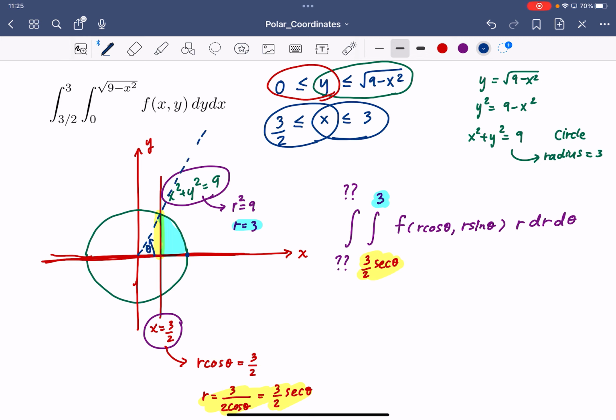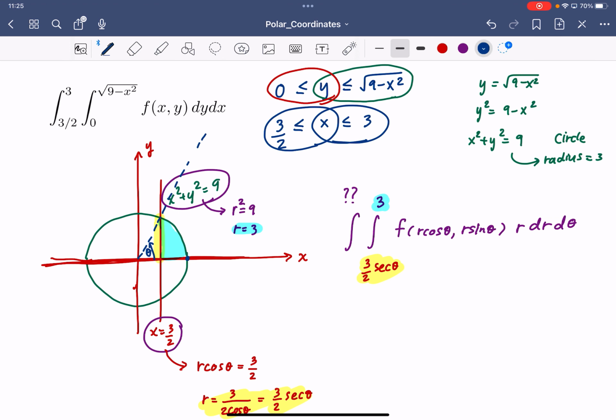Of course theta is gonna start from 0, but it's gonna go to where? Because you start from 0 here and then you keep going, and at this point you stop drawing the ray. So what is going to be the cut here? What theta is it?